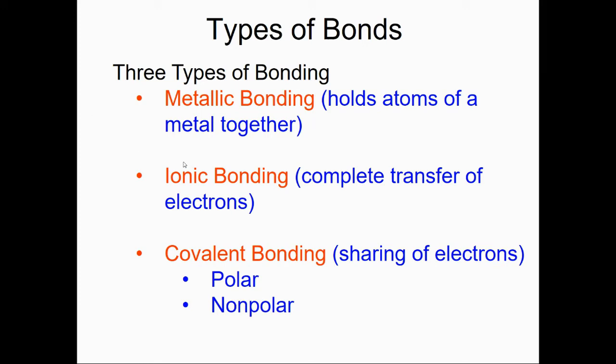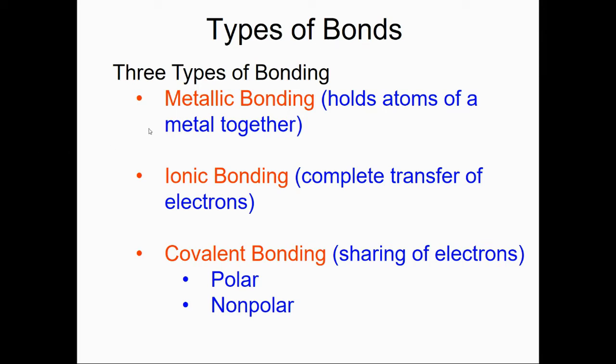Now, ionic bonding has the word ion in it, so that means it's going to have charged atoms. Okay, there is a complete transfer of electrons. One atom, the metal usually, will transfer its excess valence electrons to the non-metal to achieve an octet.